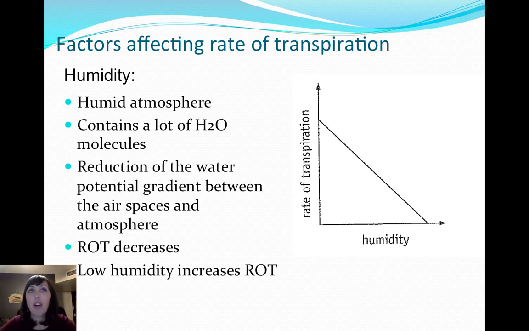But if the concentration of water outside the plant is increasing, that changes the water potential between the inside and outside, and so the rate of transpiration would decrease. So high humidity decreases rate of transpiration, low humidity increases rate of transpiration.